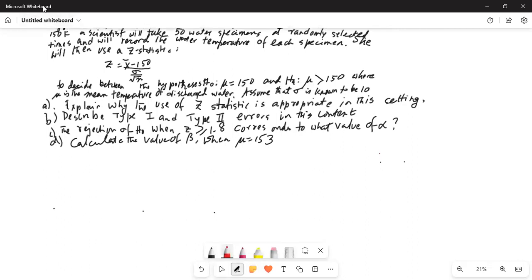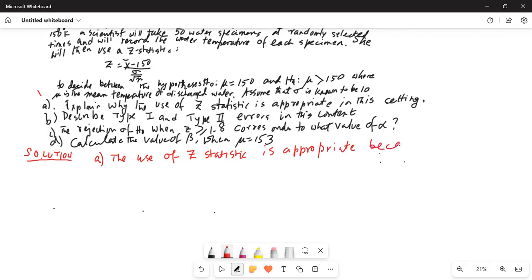Part A. The solution. The use of the z-statistic is appropriate because sigma, the population standard deviation, is known and n, the sample size, is equal to 50, which is greater than 30.